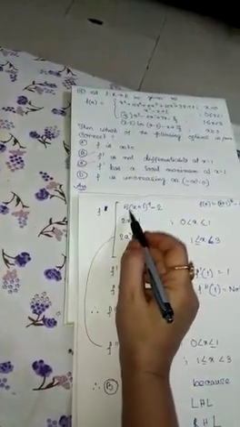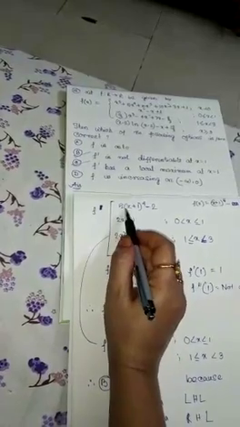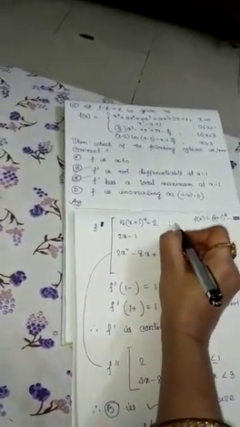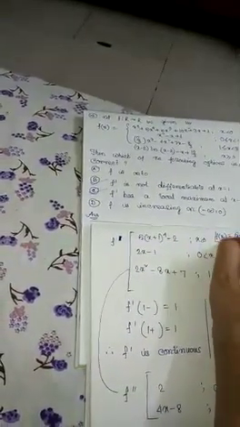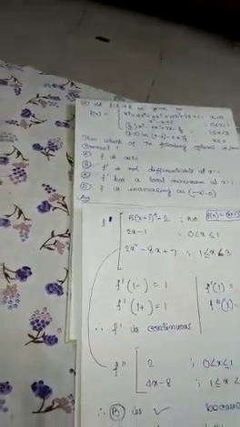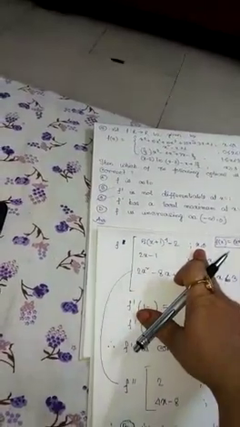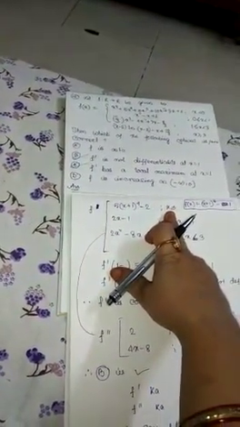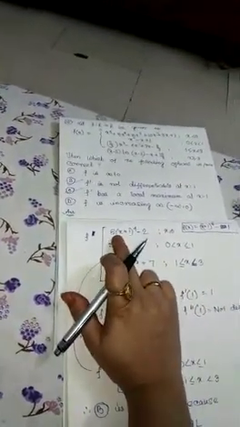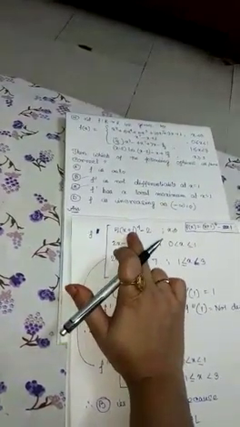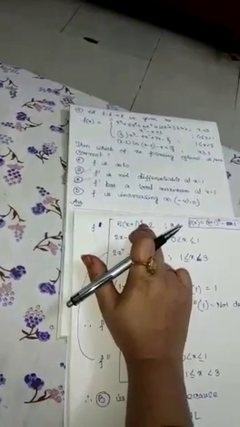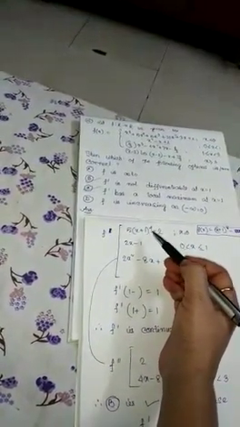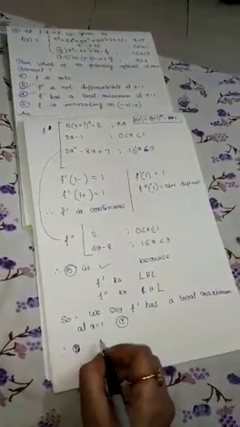Now this lies where x is less than 0. Here (x + 1) carries the power 4.